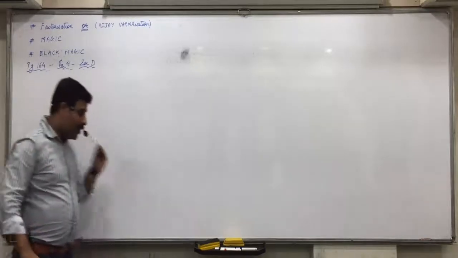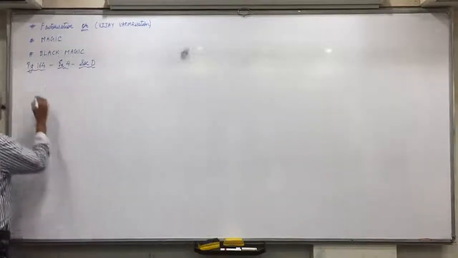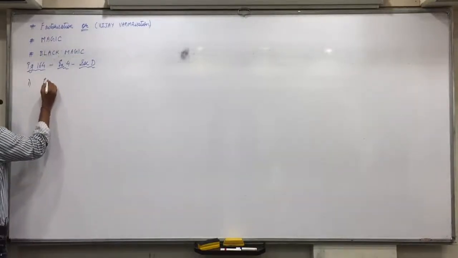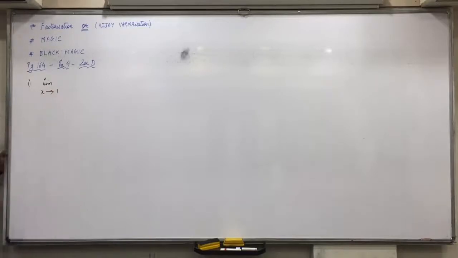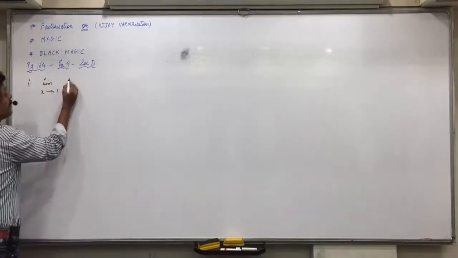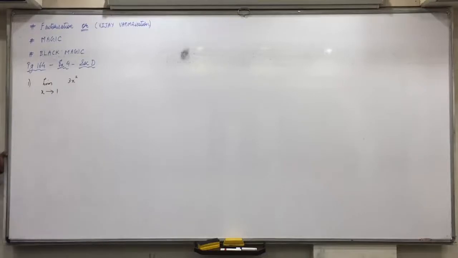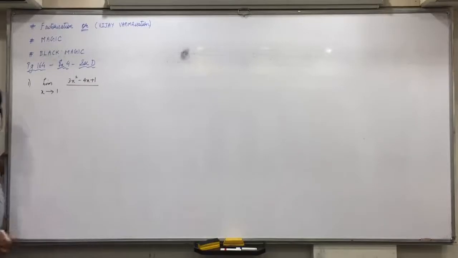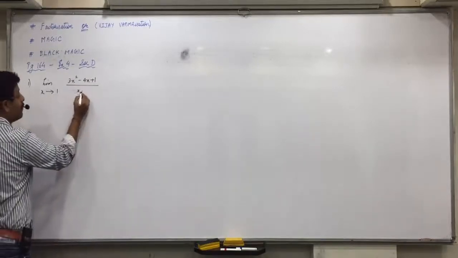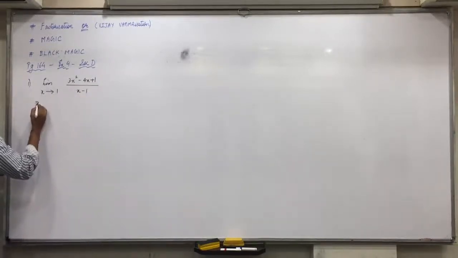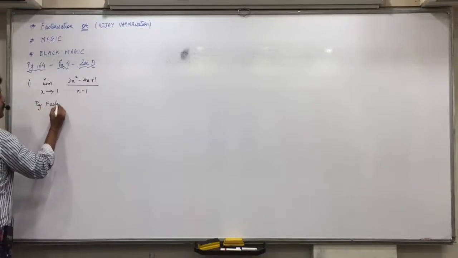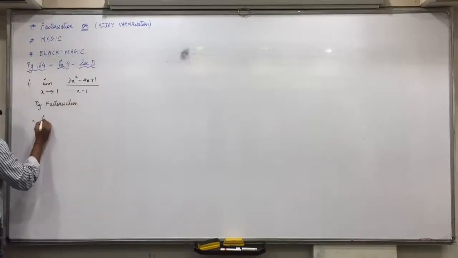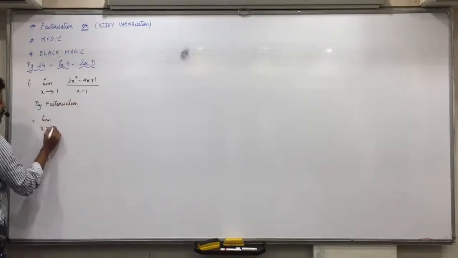Now, first question, understand how to do it by factorization method. Limit x tends to 1, (3x square minus 4x plus 1) divided by (x minus 1). Now if we do it by factorization method, it is equal to limit x tends to 1.